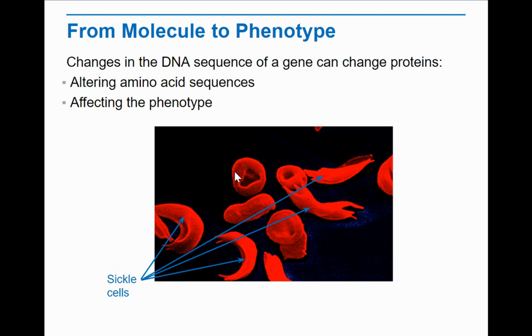Normal red blood cells are kind of round, sort of like an inner tube. We talked about how if you go down a sledding hill, you don't ride down on a curved, slicey thing like this. You ride down on a nice round tube, because it flows well. Your blood cells, as a nice round structure, also flow well through your blood vessels and capillaries.